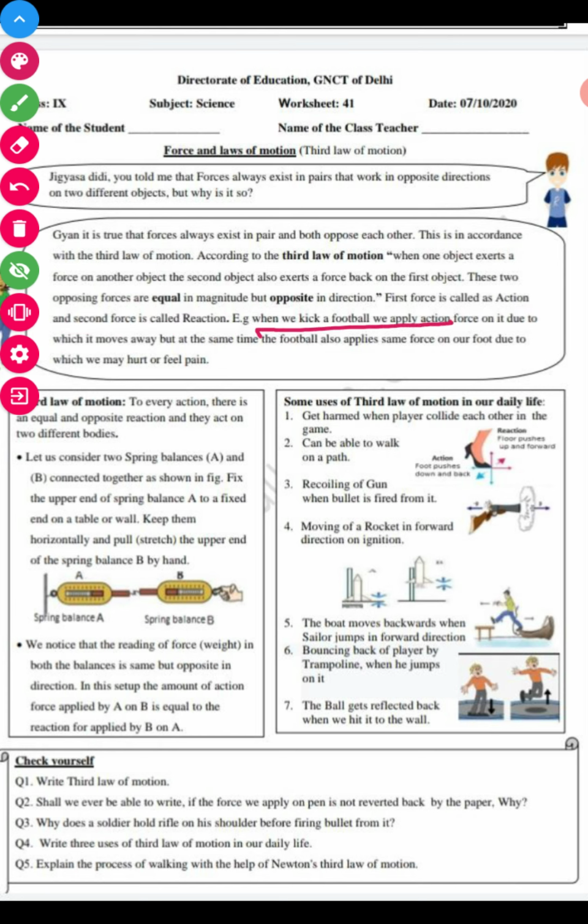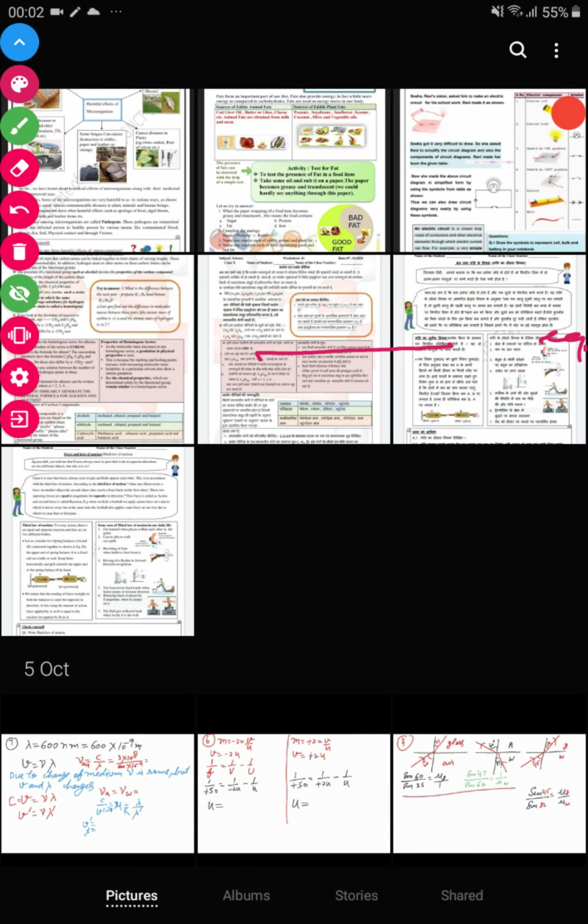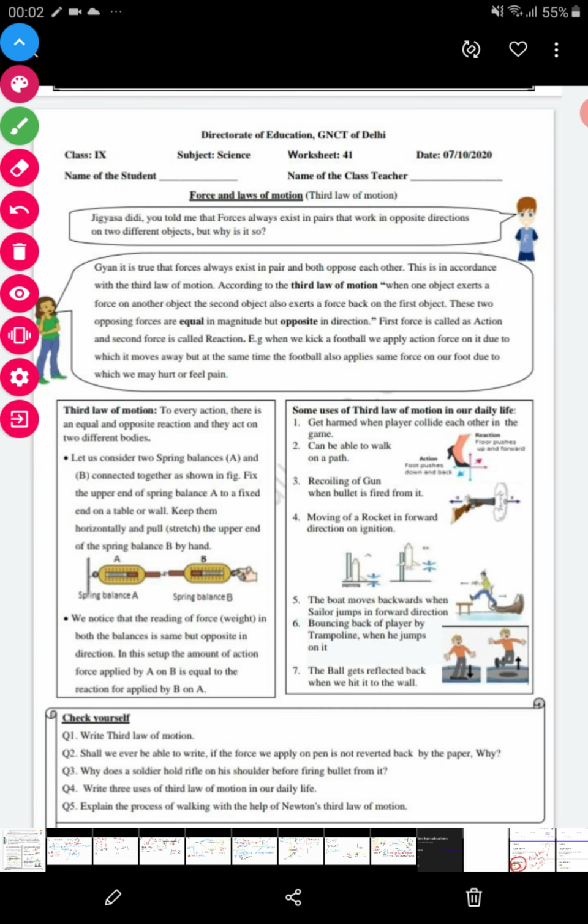When we kick a football, this is an example. When we kick the football, we apply an action force on it, due to which it moves away. But sometimes the football may also apply the same force, due to which it may hurt or feel pain.